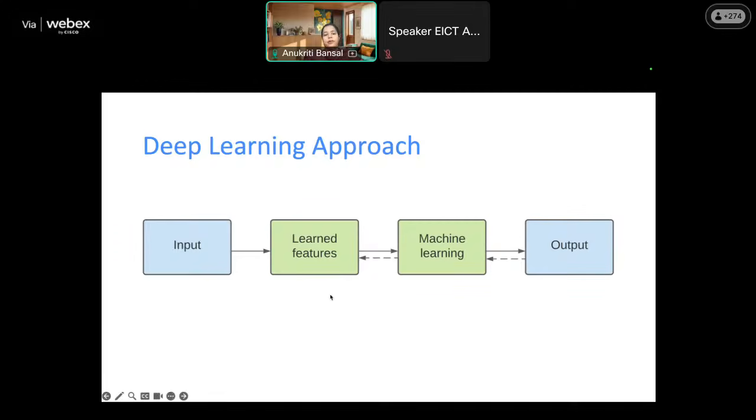Here, the feature extraction part was also automated. You just have to provide the labeled data of different objects. It will automatically extract the features, understand the correlation between features and the class, and then give you the output. So these deep learning approaches are very, very scalable, because we don't have to do feature engineering on our own.